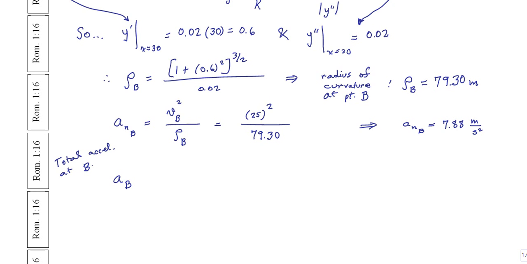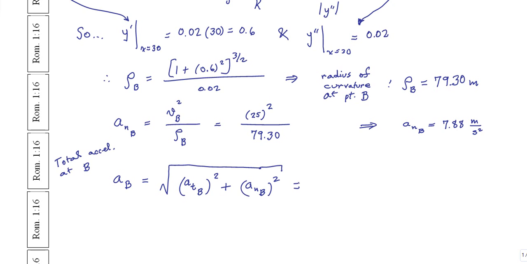Okay, so in other words, if I take the square root of that, the two sides, I can find the total acceleration at B is going to be the square root of the tangential component at B squared plus the normal component of the acceleration at B squared.